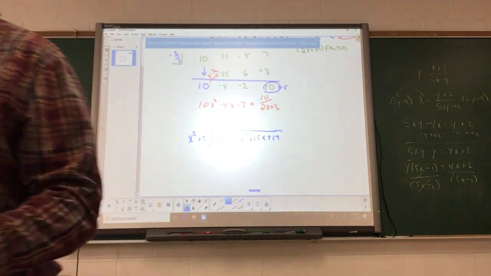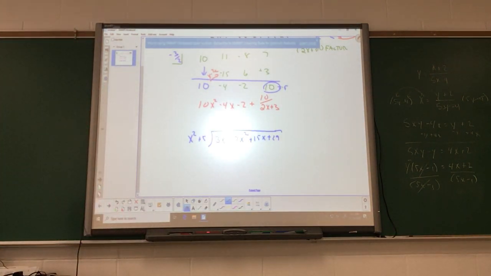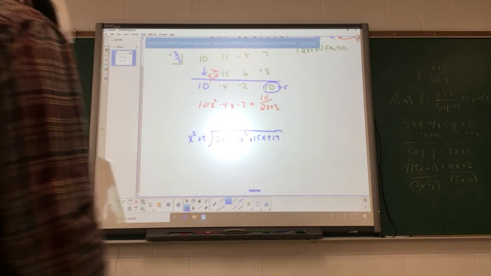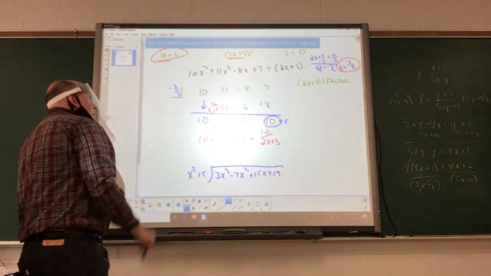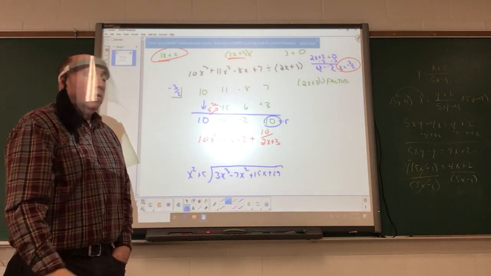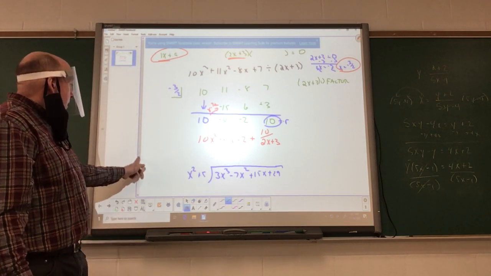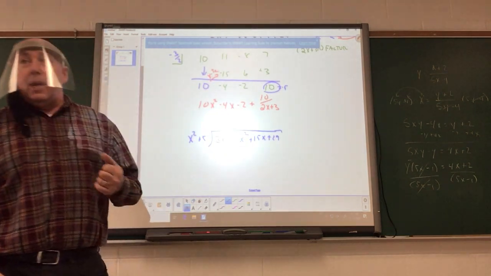Okay, we have an x squared out there now. When we have an x squared out there, synthetic division goes off the table. The only time we can use synthetic division is if we're in the form x plus a or x minus a. But we still go through the same method of madness.